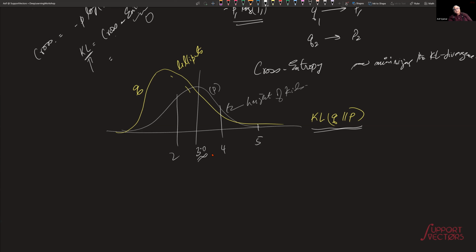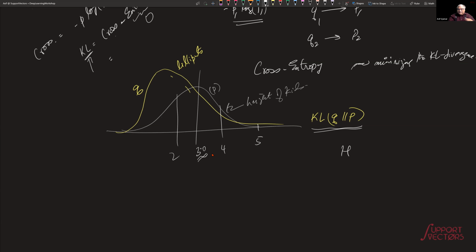Asif, here the entropy is calculated based on what is expected? Yes. Remember, Nisarg, I went through quite fast, so let us write it down.